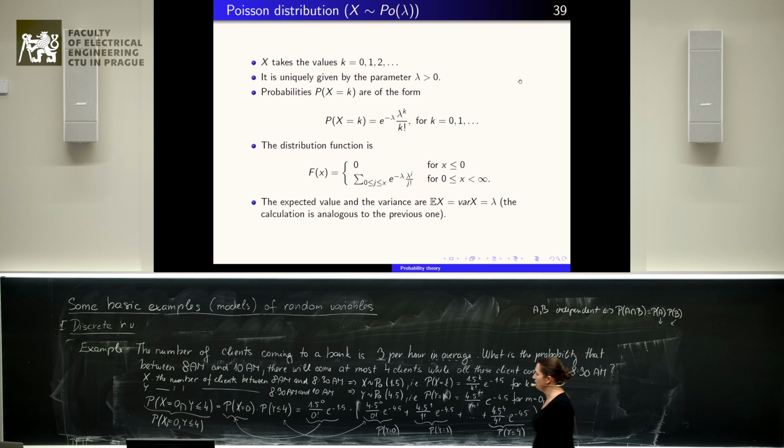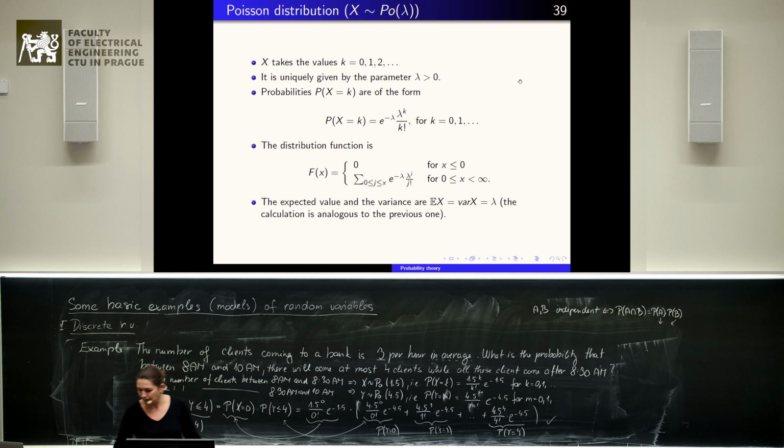And this is the result: the probability that X is equal to 0 times everything in the brackets, meaning that Y is less than or equal to 4. And that's the result.